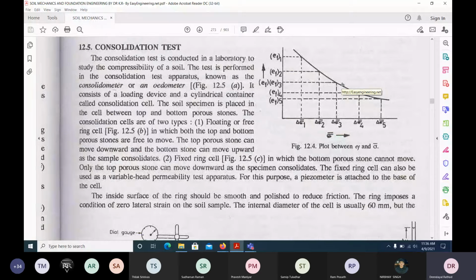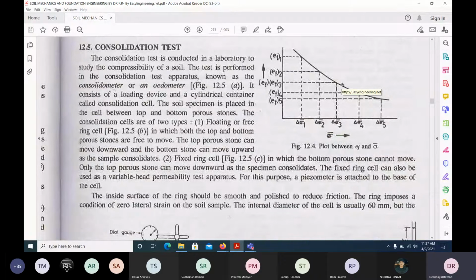It is an engineering property, I would say. It is not an index property, okay. There is a difference between index and engineering property. Permeability is also an engineering property, shear strength also, consolidation also. These properties are used for our construction in the field, to find the settlement. There are permissible settlements also. For a clay soil, generally 40 to 50 is the permissible settlement.